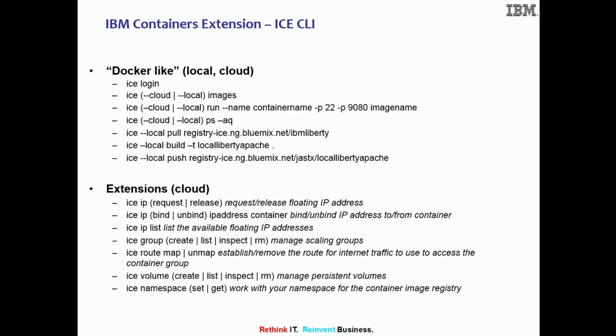Volume commands are used for creating persistent volumes that you can later map to your Docker containers. And this is just the way to control your private image registry within Bluemix.